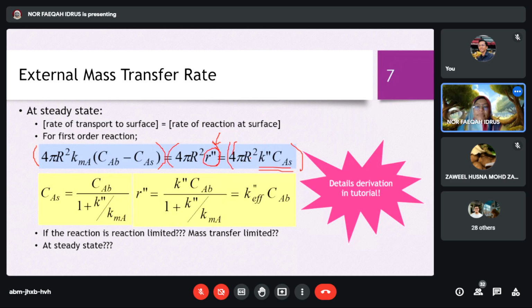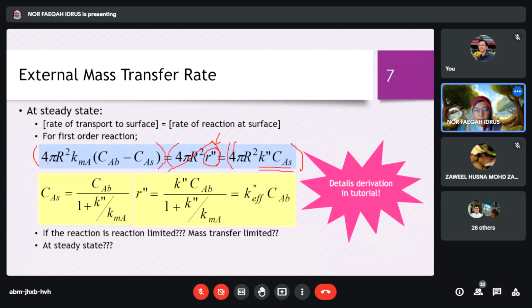The reason is I want to show that this rate of transport, or rate of mass transfer, is actually equal to the rate of reaction, and this rate of reaction equals this equation. So if you don't write the equation in the middle, you can remove it, no problem.